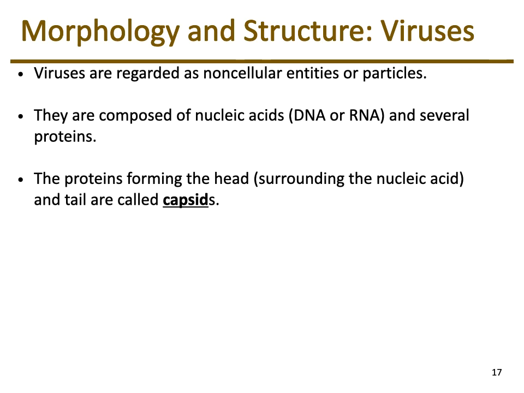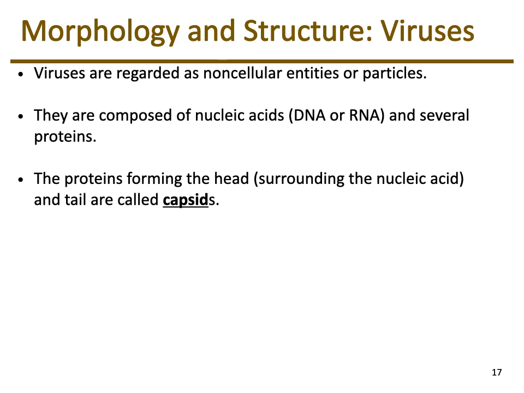So they're going to be composed of nucleic acid, either DNA or RNA, and some proteins. So again, this is a big distinction between prokaryotes and eukaryotic cells. They're going to have both DNA and RNA present inside them. With a virus, it's going to be one or the other. You are either a DNA virus or you're an RNA virus.